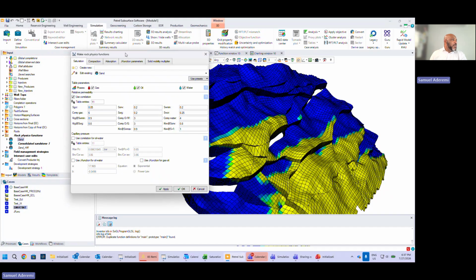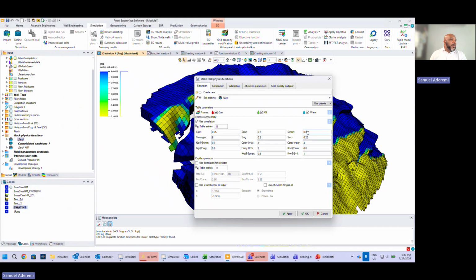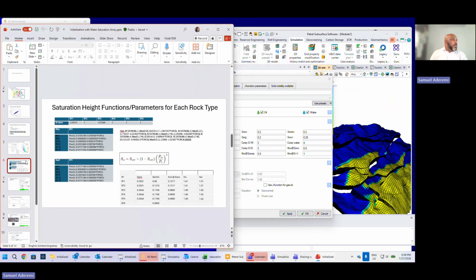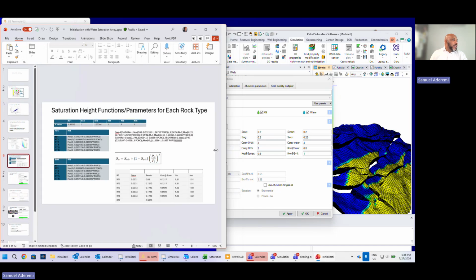click on make rock physics, and you can put those important endpoints such as the irreducible water saturation or the minimum water saturation, the critical water saturation, let's say for rock type 1. So if you go to rock type 1, for instance, we might just be able to fill in all these parameters as needed.